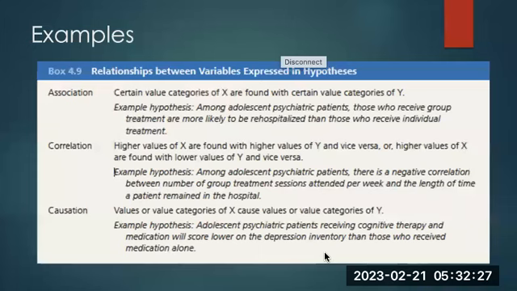For correlation, among adolescent psychiatric patients, there is a negative correlation between the number of group treatment sessions attended per week and the length of time a patient remained in the hospital. In causation, adolescent psychiatric patients receiving cognitive therapy and medication scored lower on the depression inventory than those who received medication alone.